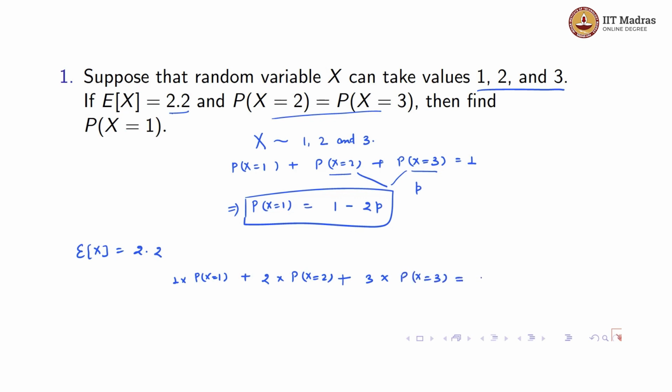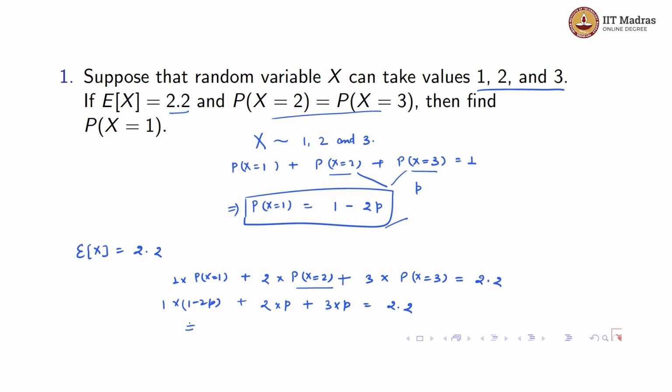We can write this, using expectation value, as 2.2. We have already p of x is equal to 1 as 1 minus 2p, that is 1 into 1 minus 2p, plus 2 into, we have assumed this as p, so p, plus 3 into p is equal to 2.2.